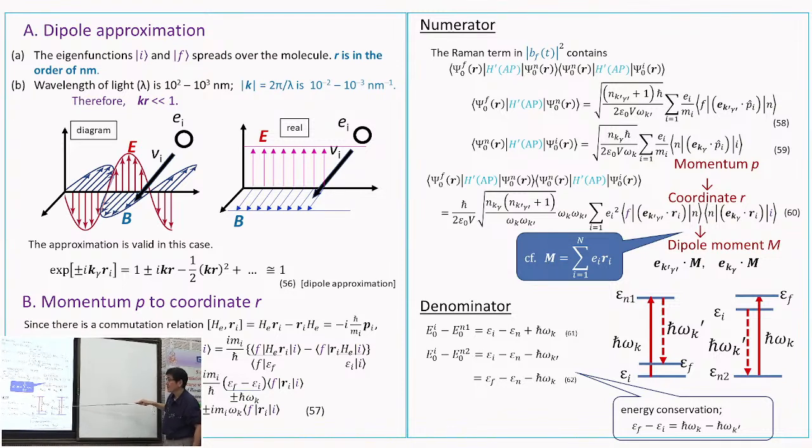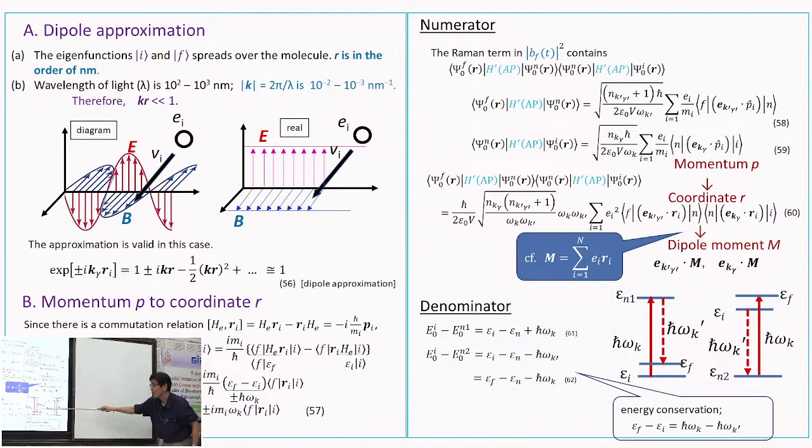On the other hand, E_i minus E_n2 corresponds to small e_i minus small e_n2 minus h bar omega_k. And considering the energy conservation, the energy difference between the final and initial state is the energy difference between the incident beam and the scattered beam.